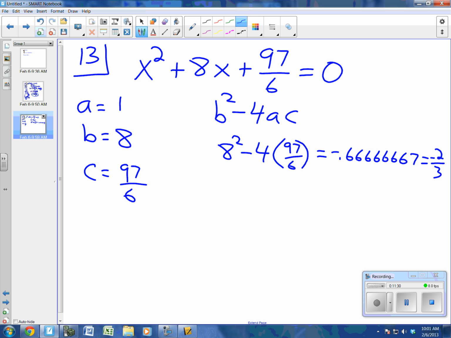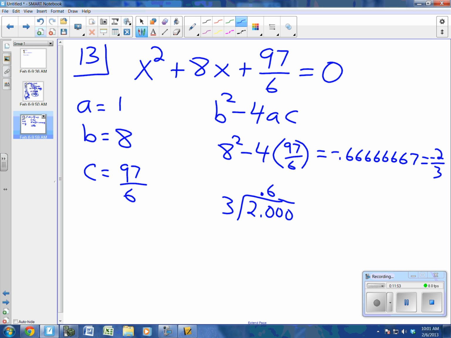No, 2 divided by 3 is 0.6 repeating. How would you figure that? Well, do you remember long division? 3 into 2? 3 won't go into 2, but 3 will go into 20 6 times, right? And our decimal's right there.